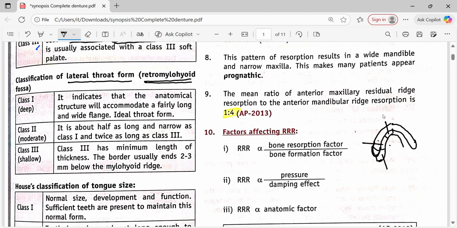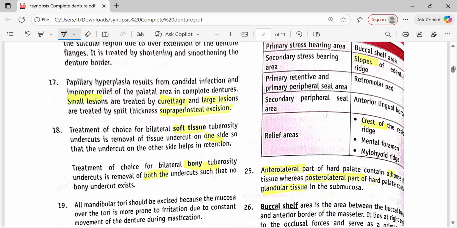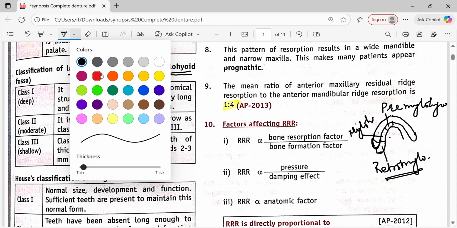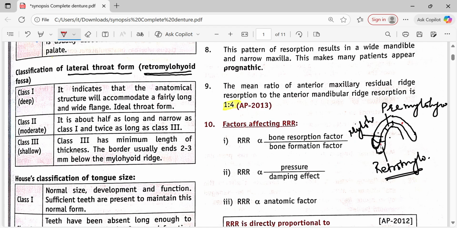Part 1 is called the premylohyoid fossa, this is the mylohyoid fossa, and this is the retromylohyoid or postmylohyoid fossa. So we are talking about this part of the lingual sulcus.